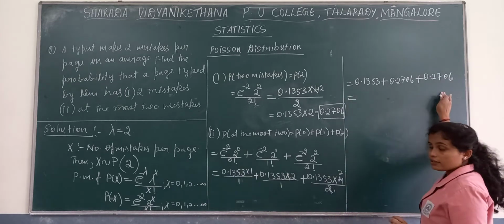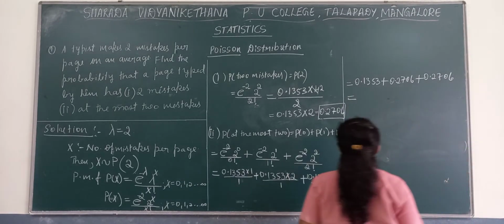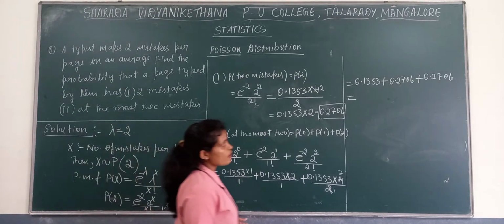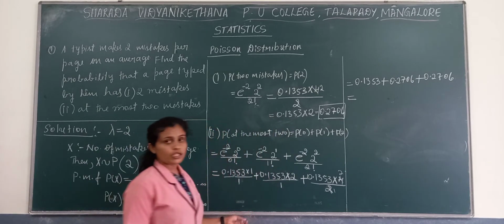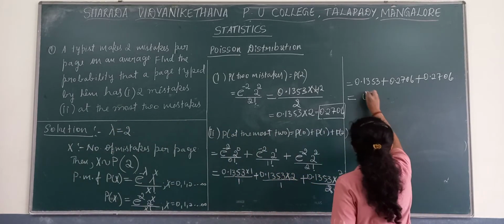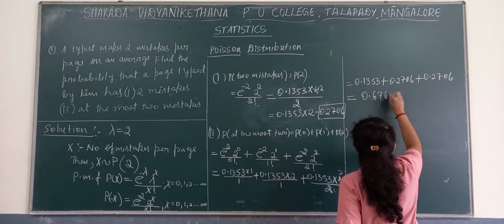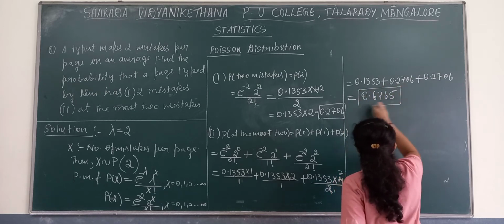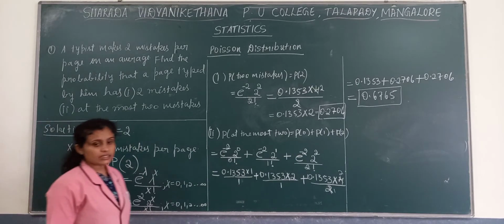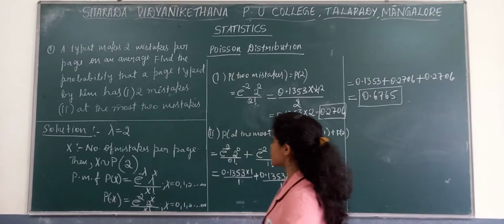Now add these three calculations. When we add 0.1353 plus 0.2706 plus 0.2706, then we get 0.6765. This is the second answer. With this, we end with the first example.